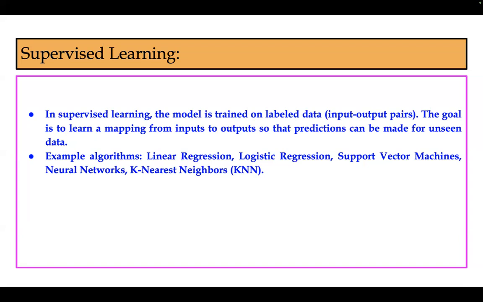We will have some unseen data, meaning the label will be removed. No label will be there. And when we deal with that unseen data through our model, if it is able to give the output correctly, then we can say that yes, our model is properly trained.